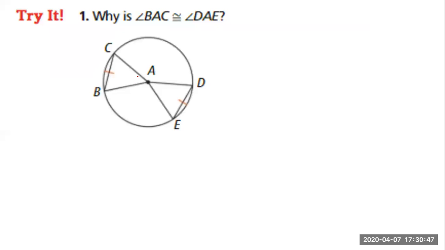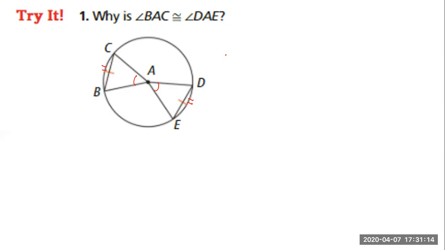These two angles would have to be congruent, because if this chord and this chord are congruent, that would mean that these arcs must be congruent. So arc CB and arc DE would have to be congruent. And if those arcs are congruent, then the angles would have to be congruent. So this is the exact opposite of what we just stated in the last example. So why are they congruent?